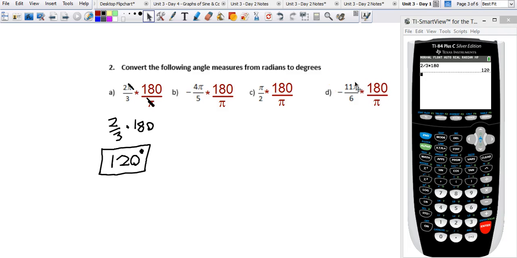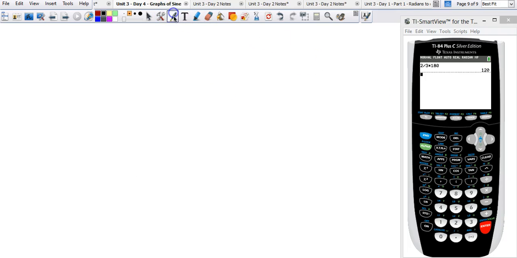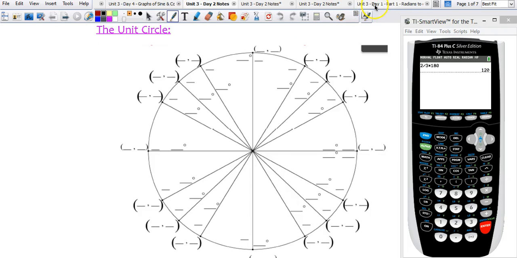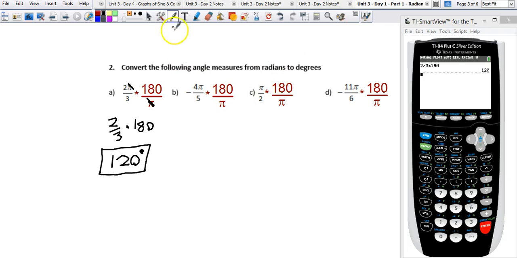All right, so just getting these set up. Again, when you do times 180 over pi to convert from radians to degrees, pi's cancel out. Let's do negative 4/5 times 180.